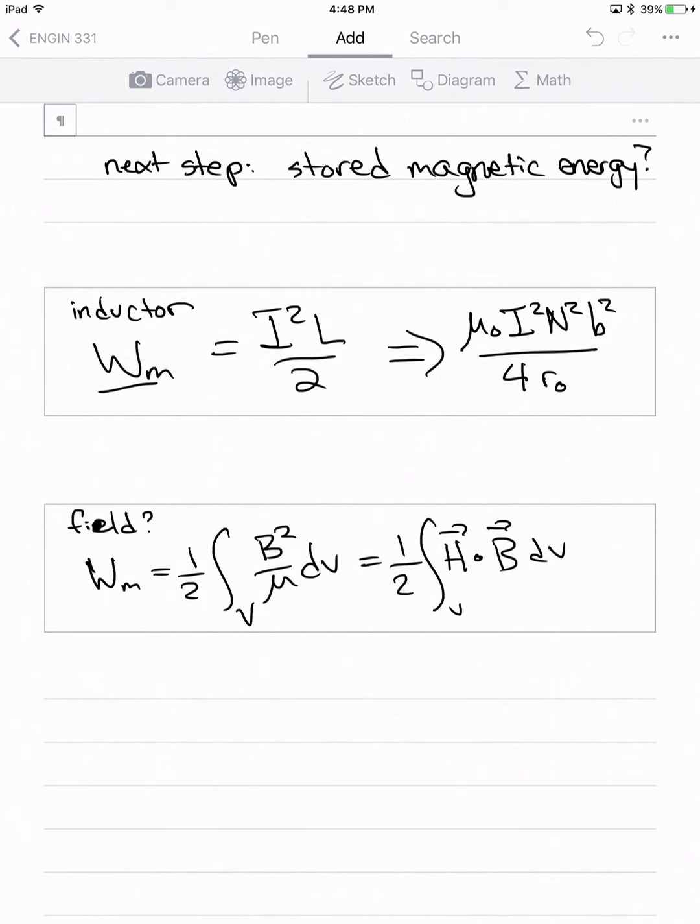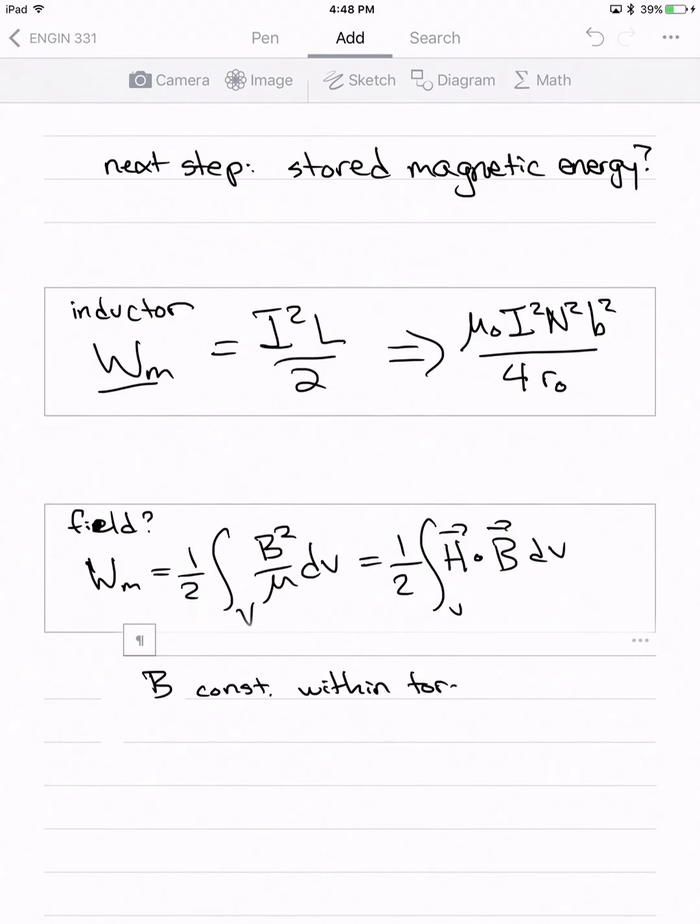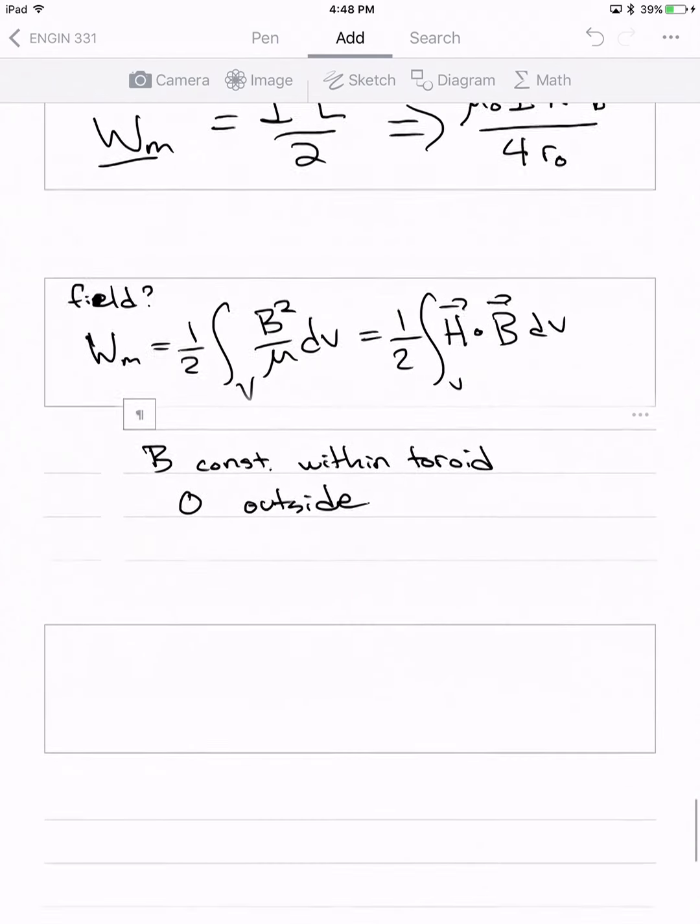Since B is constant over the cross-sectional area, and in fact everywhere within the toroid, and it's 0 outside, we don't actually have to do that integral.